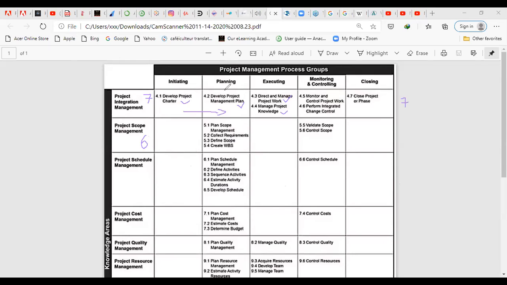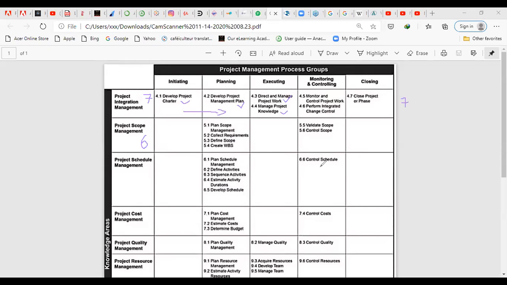And then the closing phase, there's no process. However, during the planning phase, we have planning the schedule management, defining activities, sequencing them, estimating, then developing the schedule. Once we've developed the schedule, we will execute. Once we're executing, we are not doing anything to the schedule. However, we would want to control the schedule.